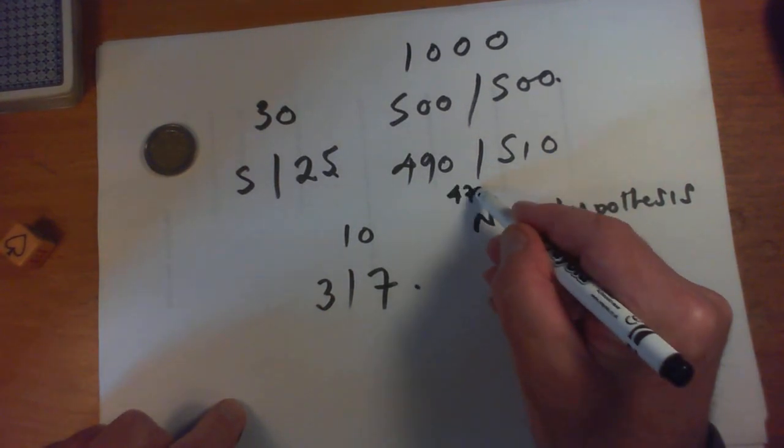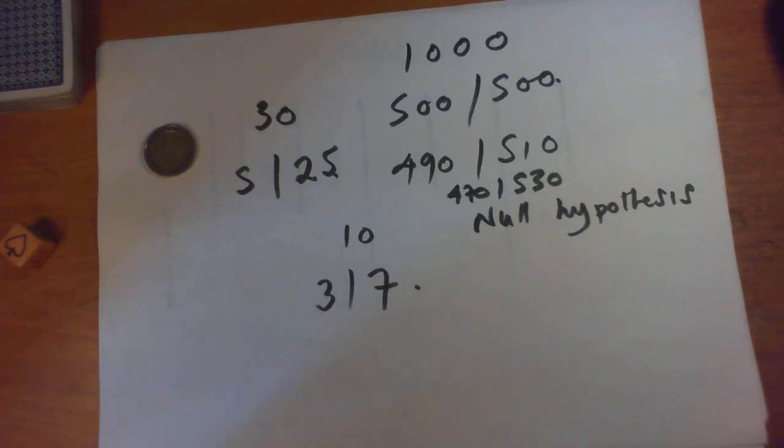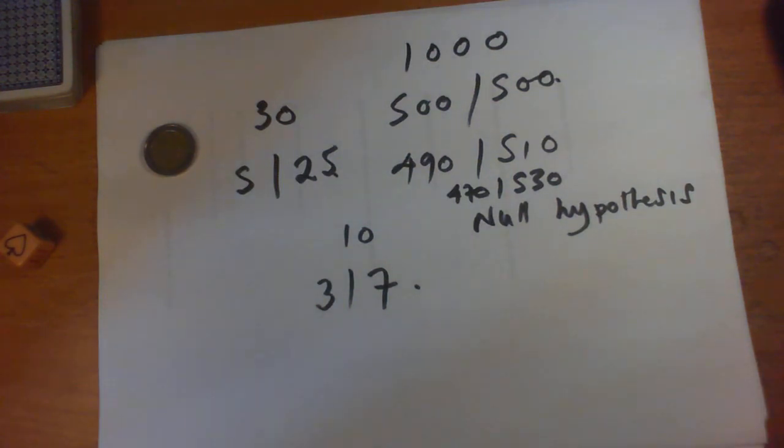If you get 470, 530, what do we do then? At what point do you reject the null hypothesis and go with the alternative hypothesis? There's a level of uncertainty here all the time.